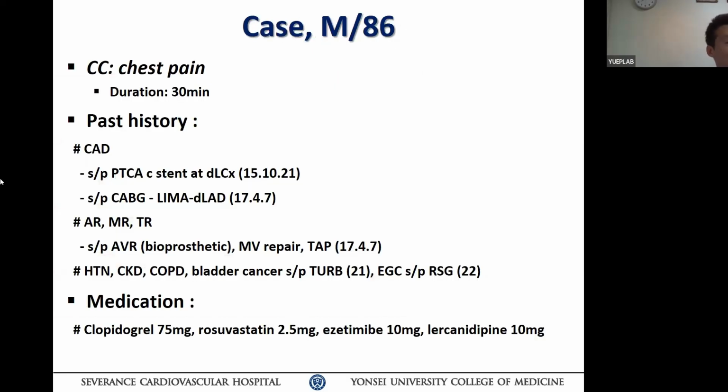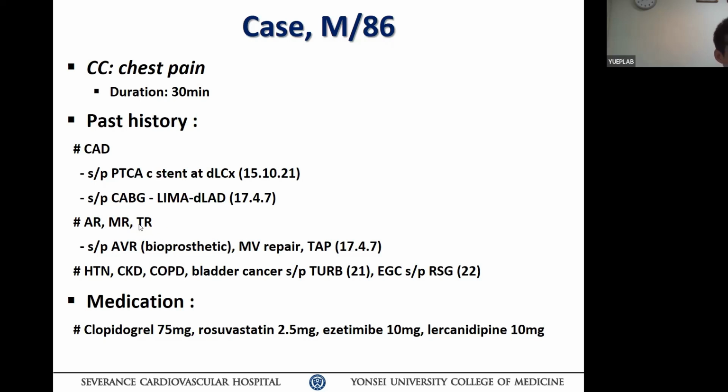So this case is an 86-year-old male. The chief complaint was chest pain that started 30 minutes ago, and he had a significant history. He had coronary artery disease, so he had a stent at the distal circumflex in 2050, and he also had severe AR, MR, and TR.